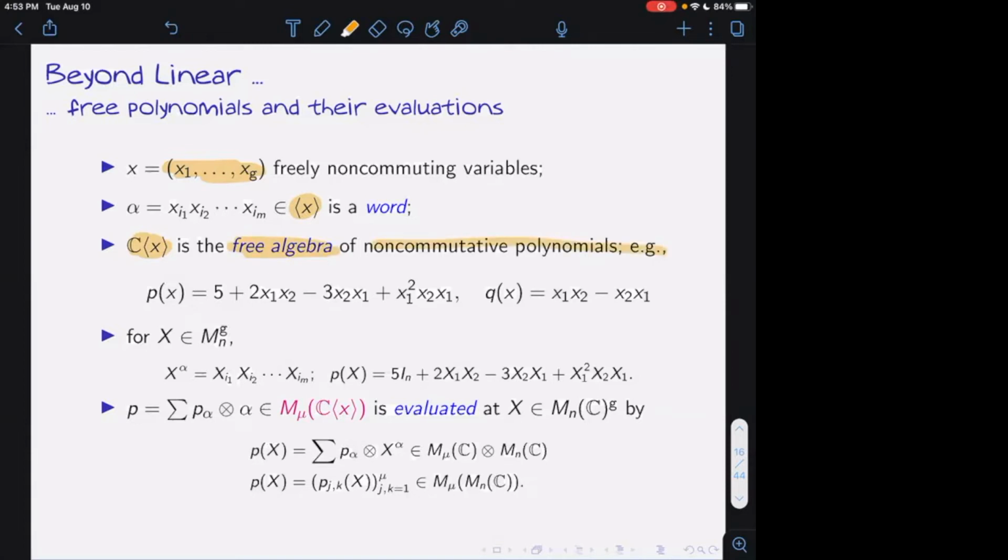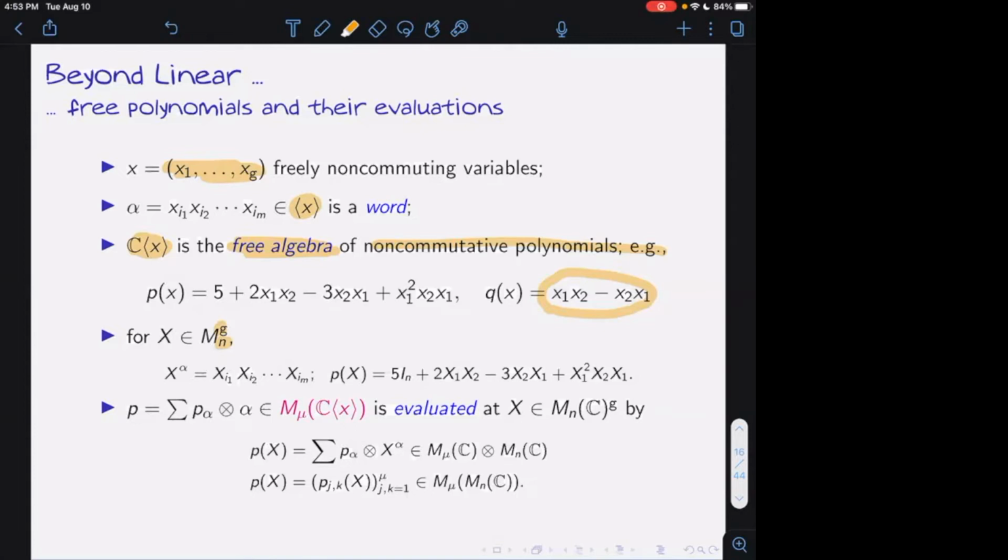And so here's a couple of simple-minded examples. I emphasized this one to point out the non-commutative nature, right? x1x2 is not x2x1. And then, of course, the whole point is we're going to want to start substituting tuples of matrices X for the variables little x. So capital X for these g-tuples of n by n matrices for the variables.